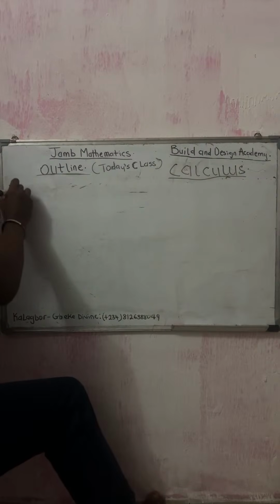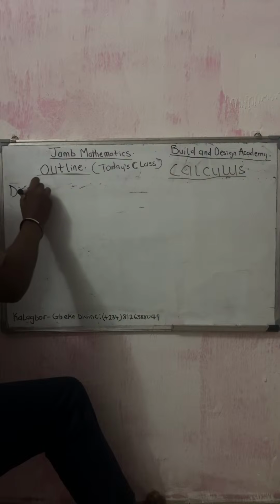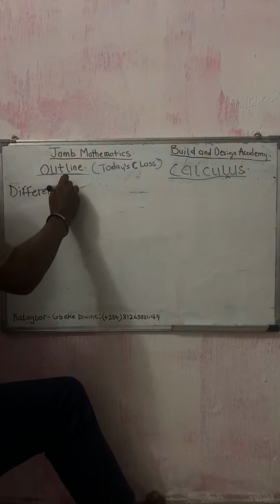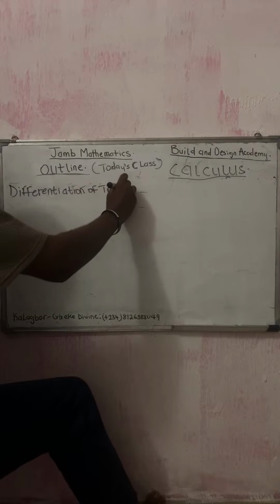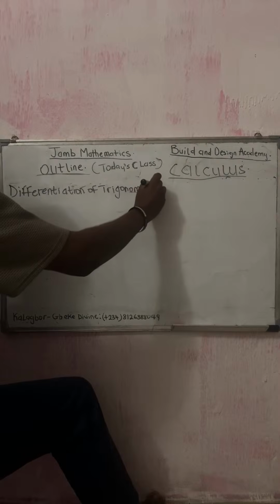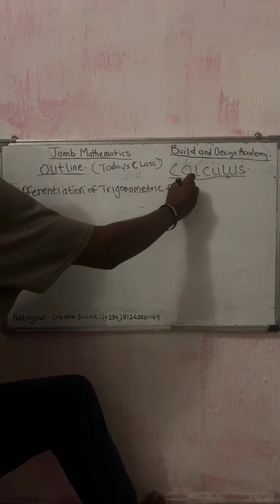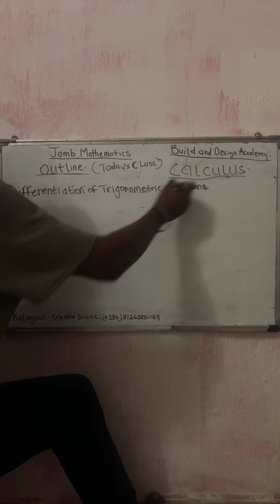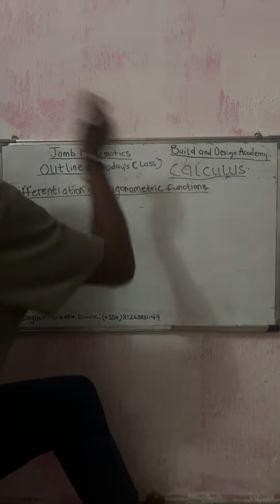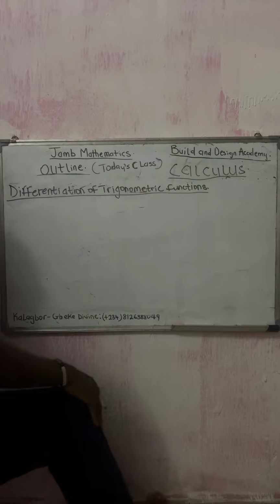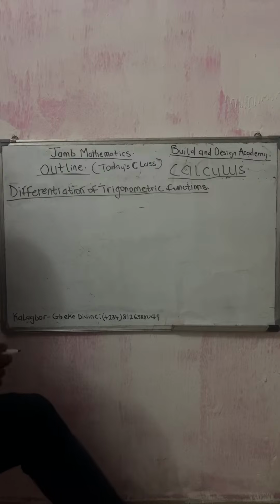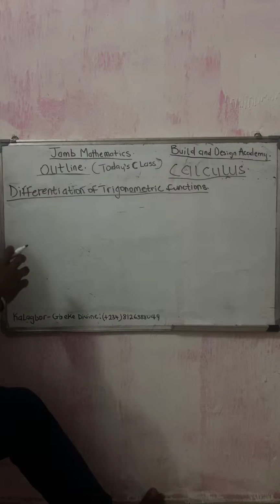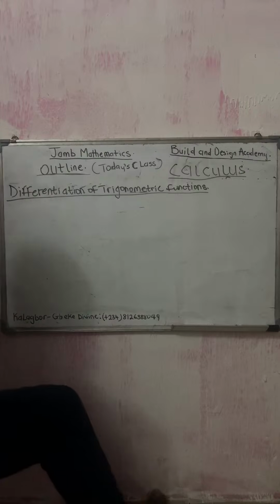So we have differentiation of trigonometric functions. Alright, so now first of all, know that trigonometric differentiation involves finding the rate of change for functions that oscillate.